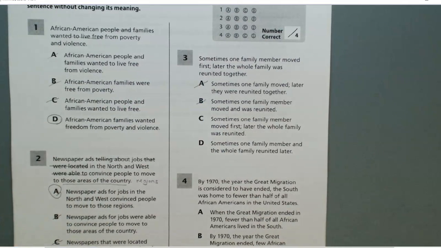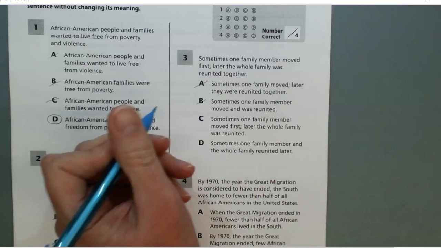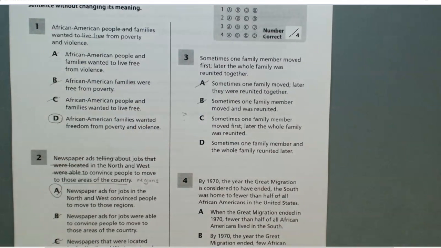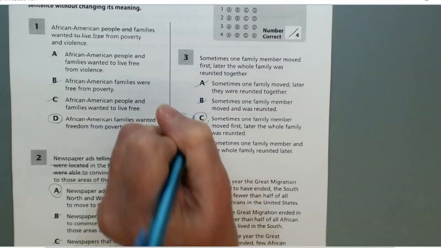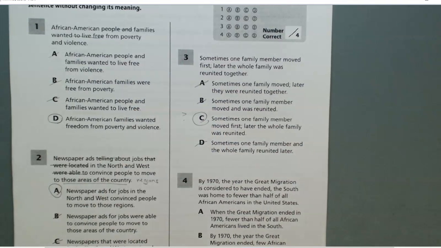C, sometimes one family member moved first. Later, the whole family was reunited. Okay, that's a possibility. D, sometimes one family member and the whole family reunited later. Again, weird. So that leaves C.